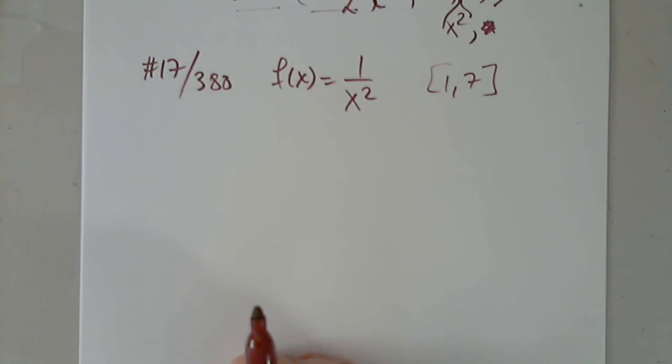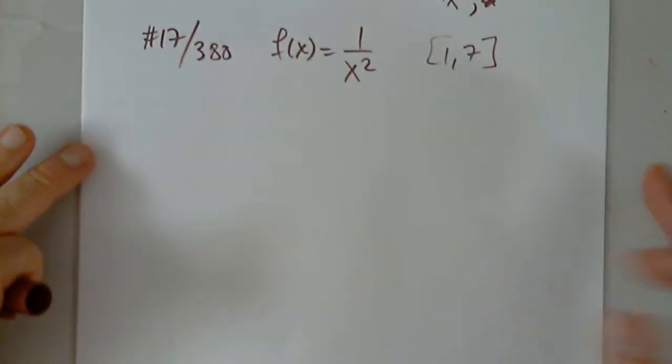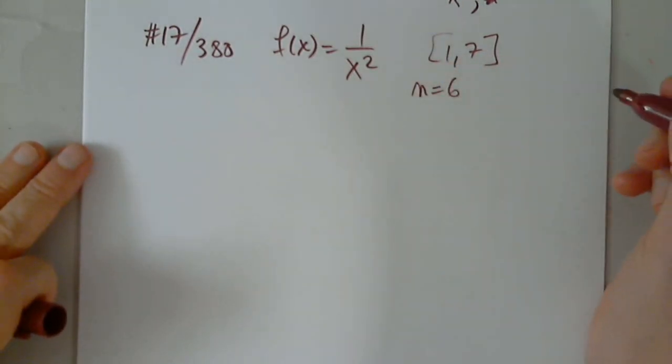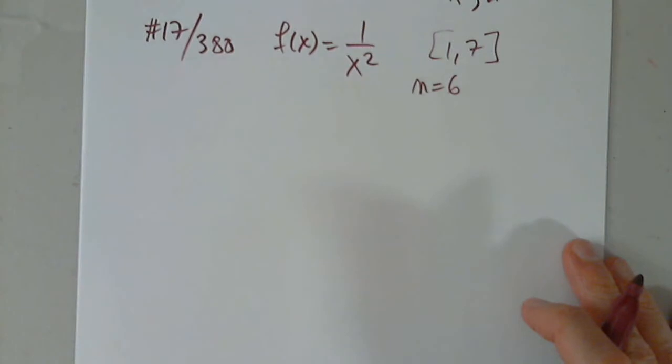It doesn't tell us to use the leftmost point, the rightmost point, or the midpoint. They're not telling us how many rectangles, but they show the graph: 1, 2, 3, 4, 5, 6. So they're indirectly telling us that n equals 6. Okay, so let's do that.